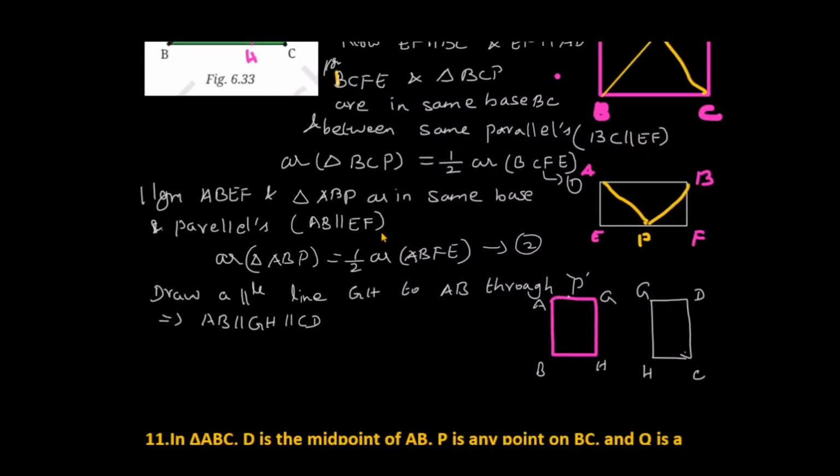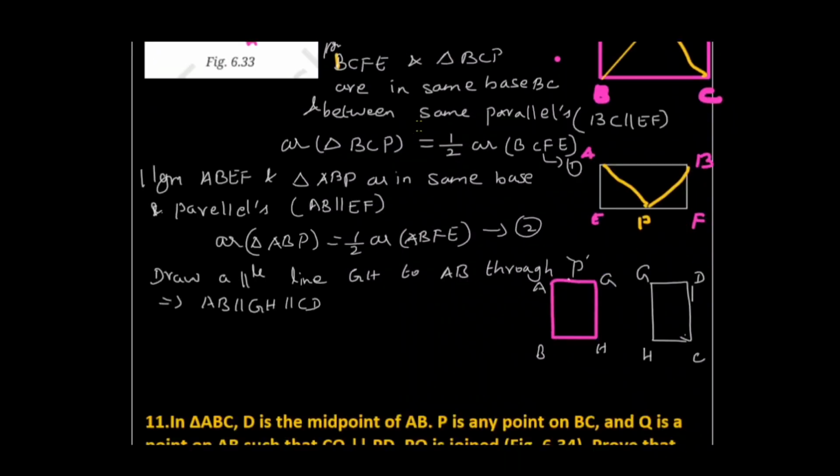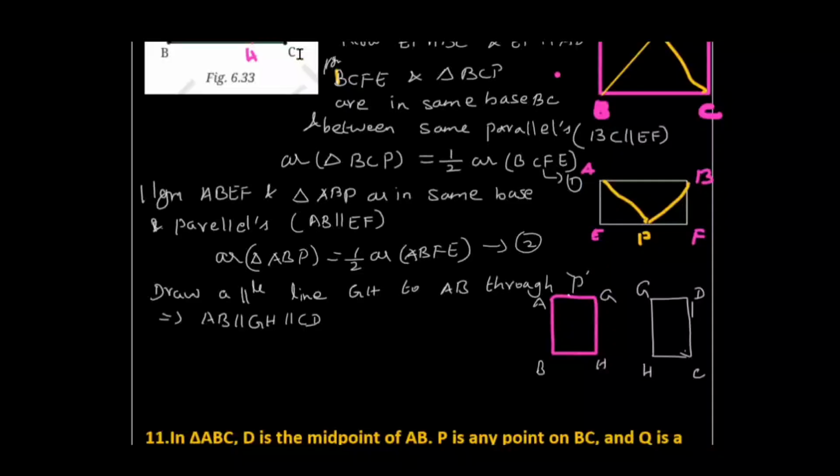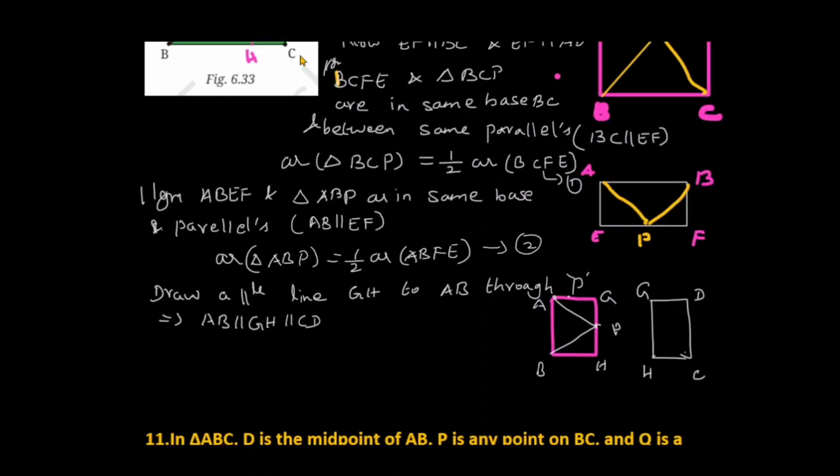These are the two rectangles. Here P is a point. When you are joining, you will be getting a triangle. This is one red region, again joining the point.